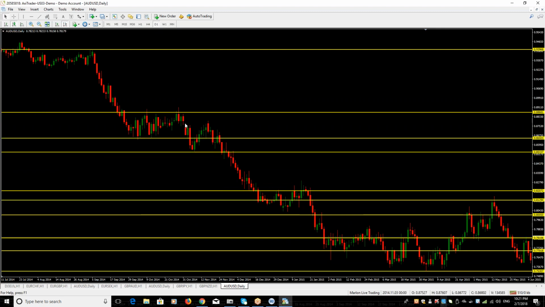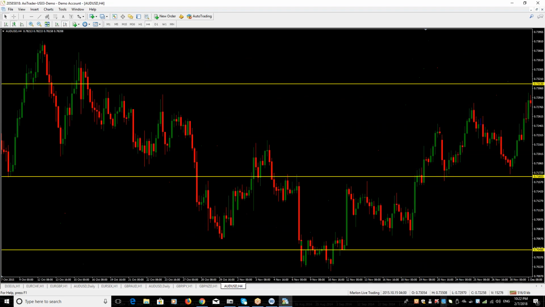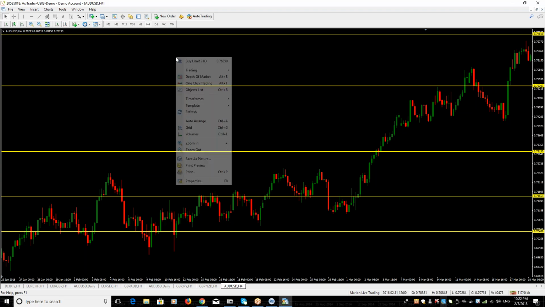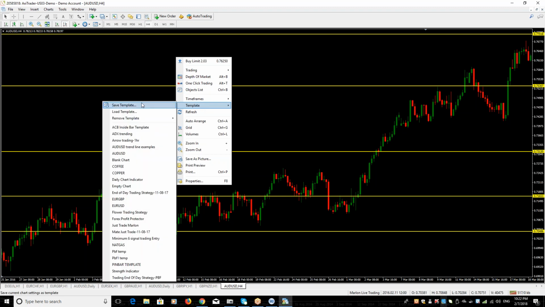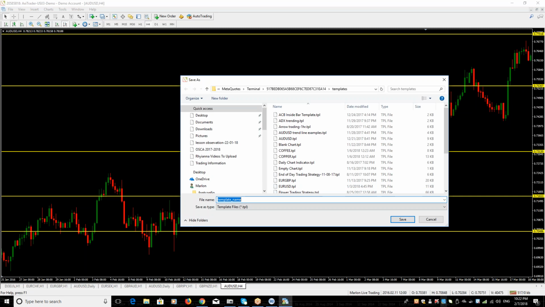All we're doing now, say for example on the 4 hour chart, and guys, don't forget, what we would do then as well is save the template, so we don't have to do this ever again. Right click, go into this, save template. Then we could say this is AUD/USD teaching.